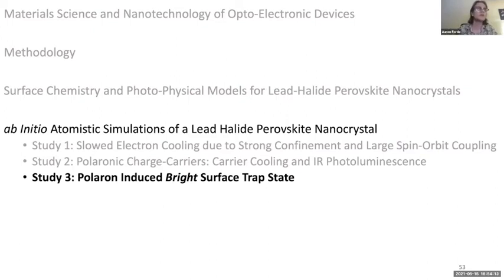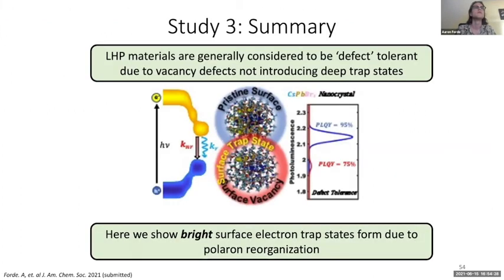And then the last study that I'll guide you all through is polaron-induced bright trap states from our models. The background is that these lead-halide perovskite materials have been shown to be fairly tolerant to defects. So even if they don't have perfect surfaces or perfect environments, they are still able to luminesce, not with perfect recombination, but still fairly efficiently, with like 30 to 40%.